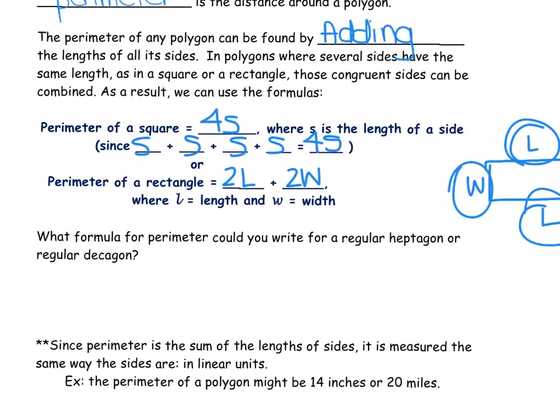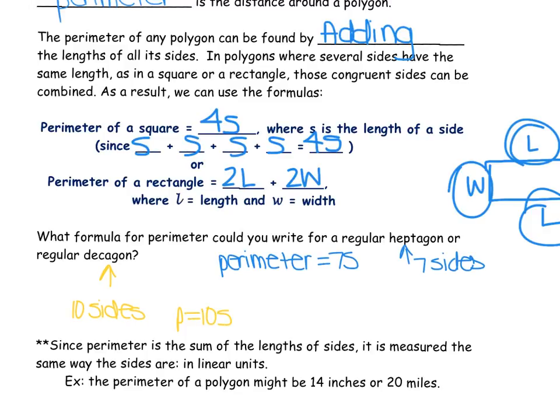For a regular heptagon, we're assuming that all the sides are the same, so since it has 7 sides, the perimeter would be 7s. We could do the same thing for a decagon: 10 sides, so the perimeter would be 10 times the side.